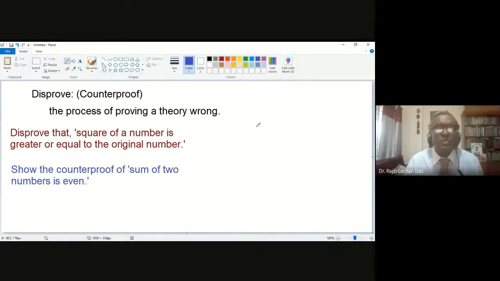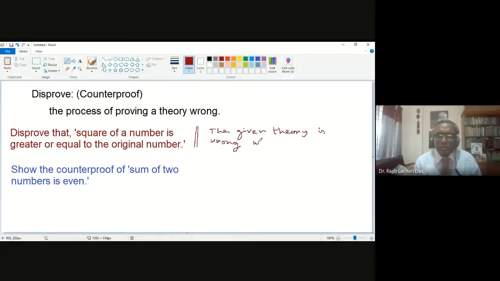So how can you prove that? If you think about the first one, you will write like: the given theory is wrong or not correct.